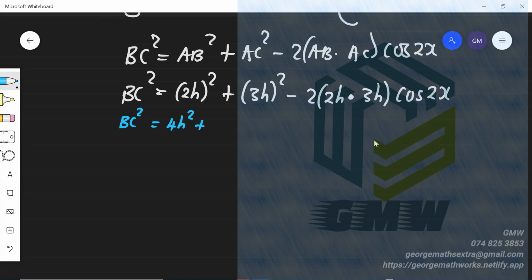Then plus, what do we get here? 9h squared. Minus, what is 2h times 3h? 6h squared. Then times 2, 12h squared. Then cos 2x. Are you with me?